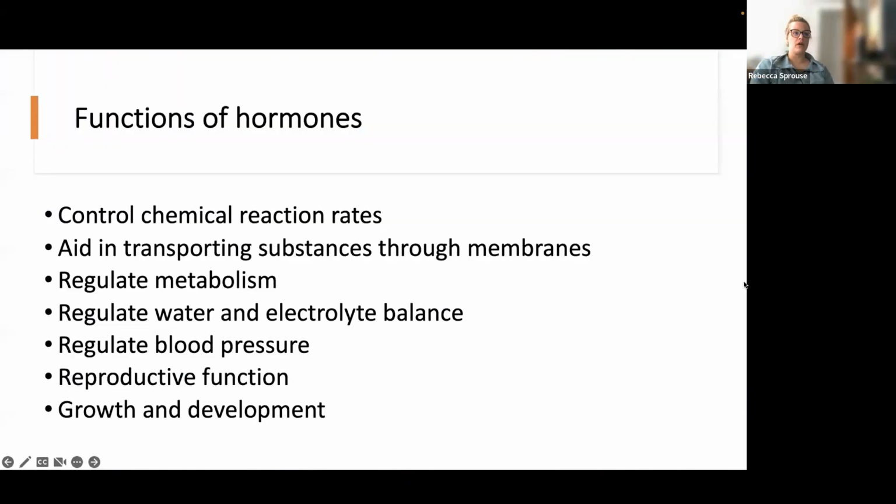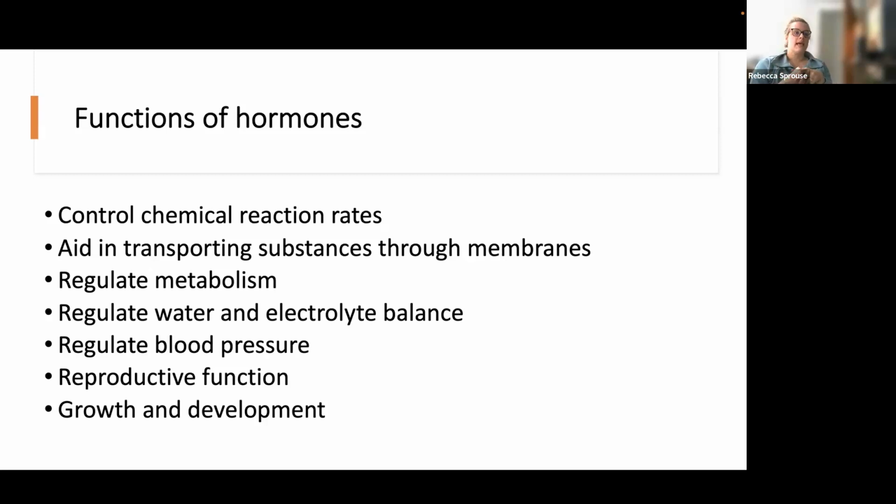Okay, so functions of hormones. First of all, these are just general overview functions. Hormones have different functions in terms of where they're released and what they target. But ultimately, we're going to see hormones that control chemical reaction rates, maybe have an influence on an enzyme.